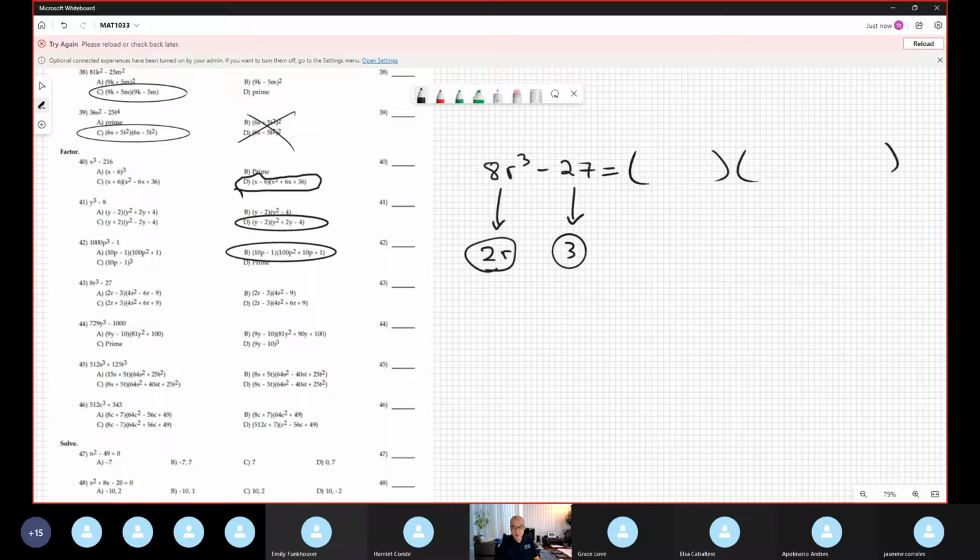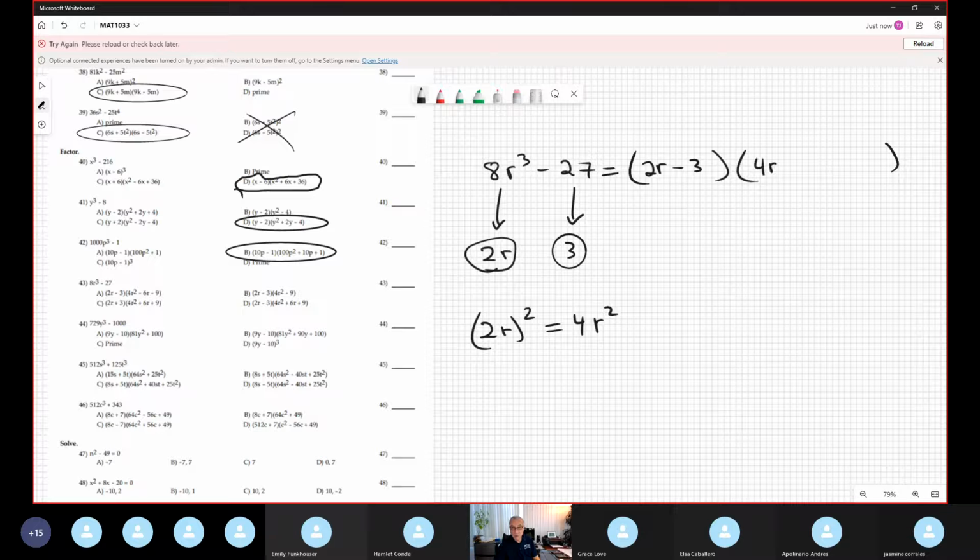My formula is 2r minus 3, A minus B. The complicated part is inside the trinomial, but it's easy. Square this guy: 2r squared is 4r squared.